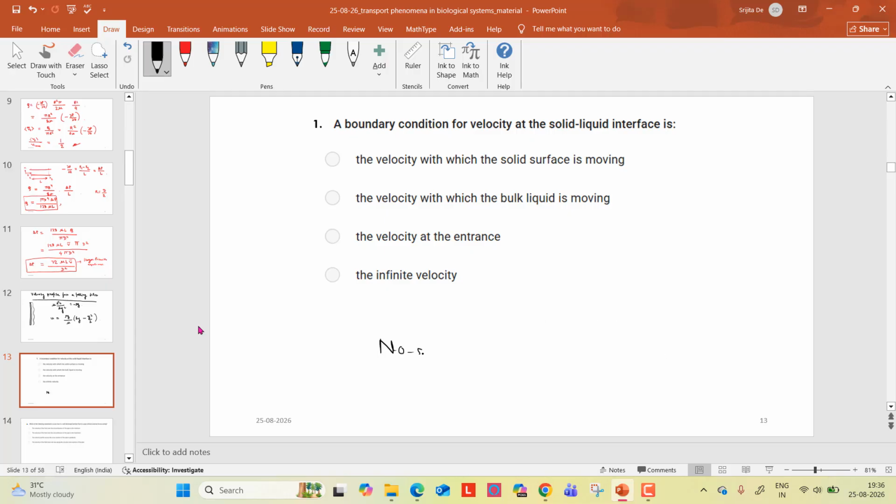In the last class, we have discussed it very clearly, right? No-slip boundary condition. It means U equals to 0 if the plate is stationary, and U equals to V in case of a moving plate. Okay.